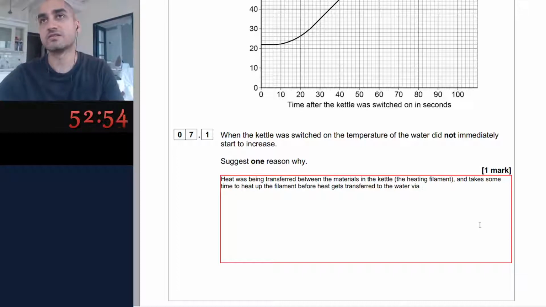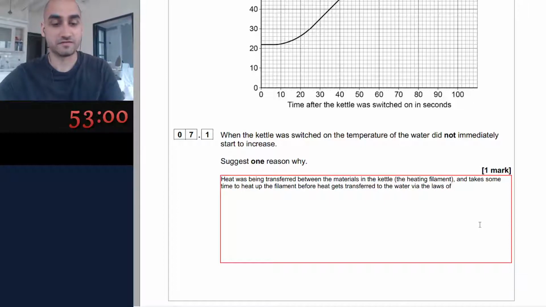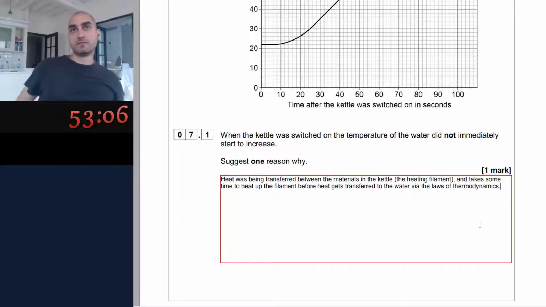What is it? Newton's... No, not Newton. Via the laws of thermodynamics. I don't know which one. Probably the first one.